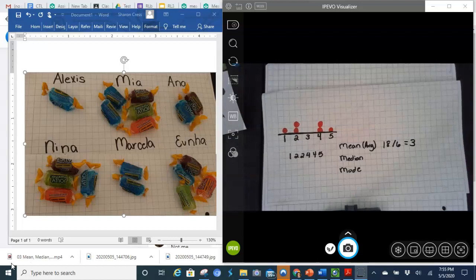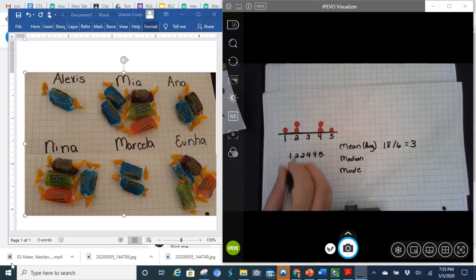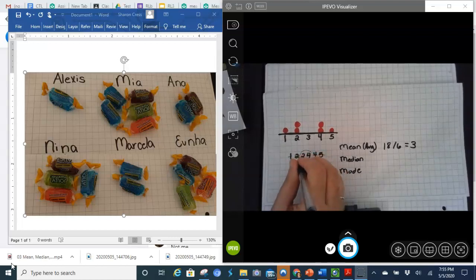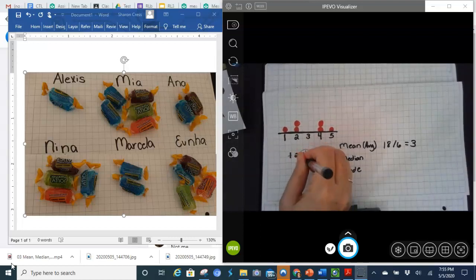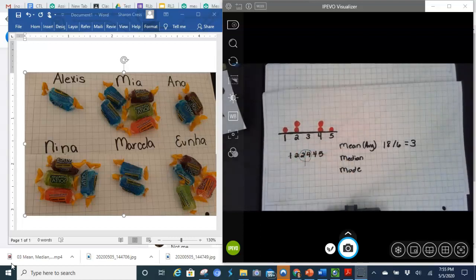For our median, we need to find the middle number. Well, there's 6, which is an even number, so I know that there's not going to be just one number in the middle. So if I cross out the first one and the last one, and then again the first one and the last one, I am left with these two numbers, 2 and 4. So my median is right in the middle of 2 and 4.